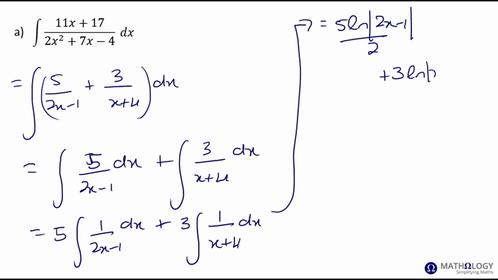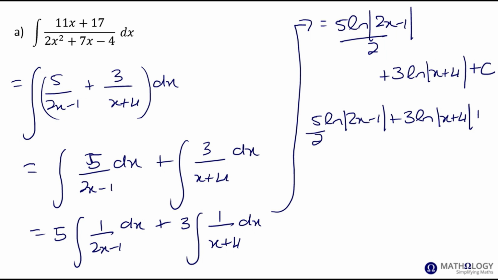It's going to be ln of x plus 4, and the derivative of x is 1. And then we add our integration constant. So we'll have 5 over 2 ln of 2x minus 1 plus 3 ln of x plus 4 plus c.